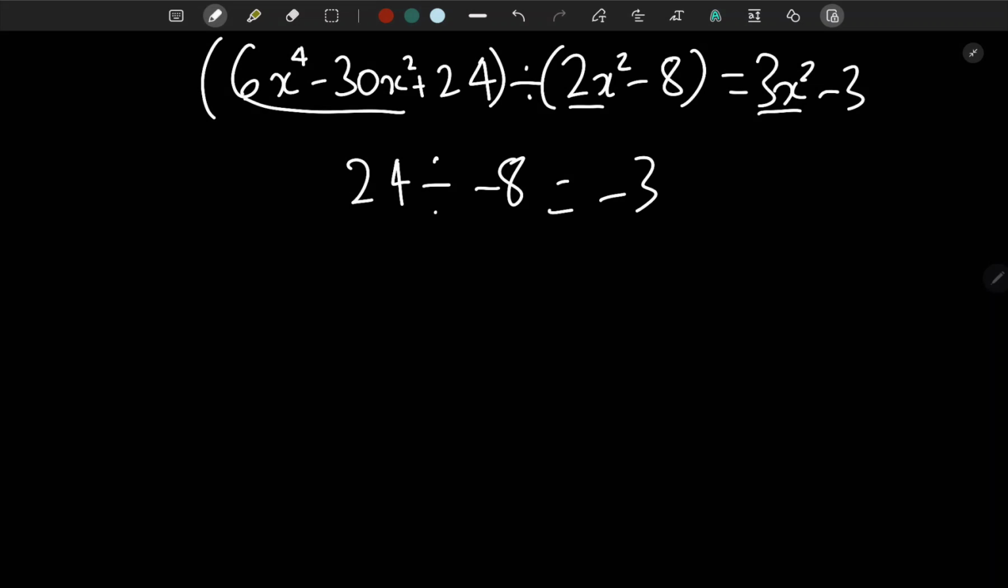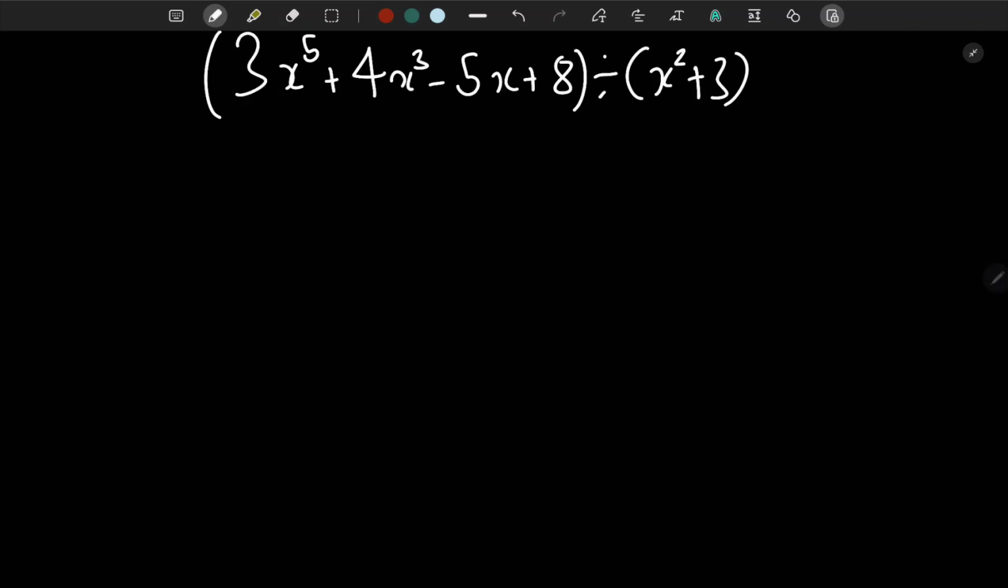Now let's try with two more numbers to be 100% sure, but we know that this is the correct answer. So this method is just to recheck your answer. It doesn't really solve the question for you, but it's an easy, quick way to recheck your answer.